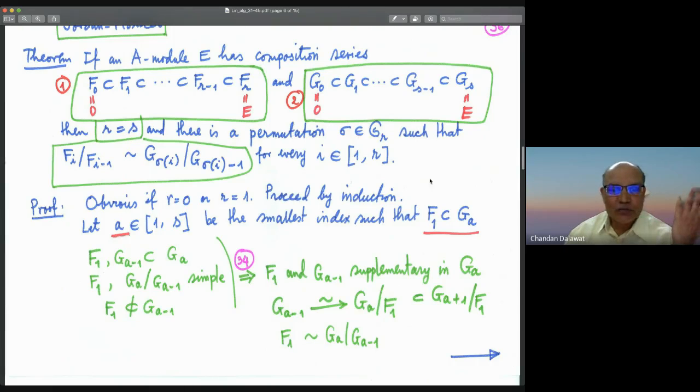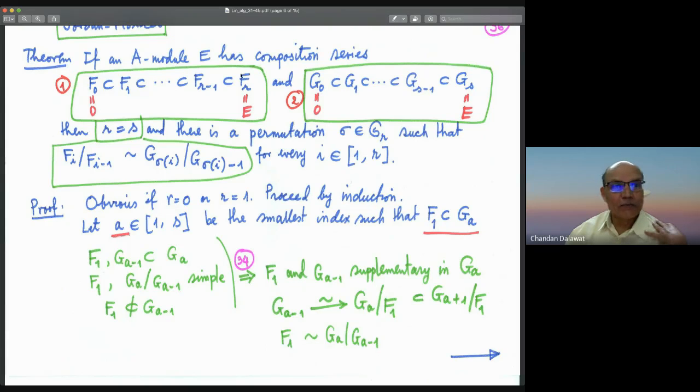So every other composition series is what you expect it to be. So let's proceed by induction on R, the length of the first composition series. And let's take A to be the smallest index, between 1 and S, such that F1 is contained in G of A.